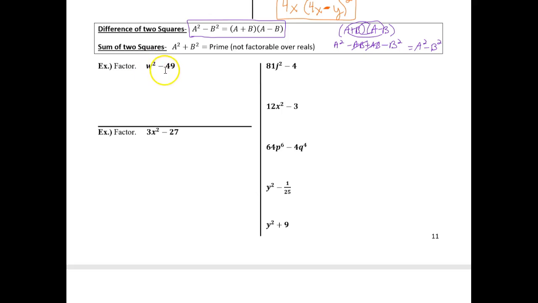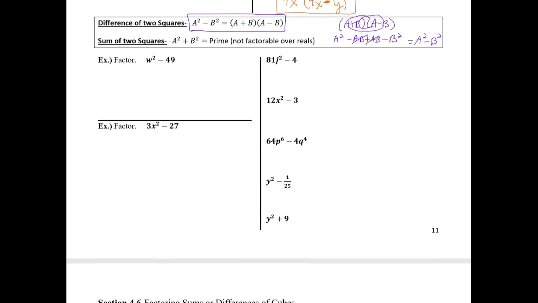W squared is a perfect square, and 49 is a perfect square. You have to get comfortable recognizing your squares, right? So 1 is a square, 4, 9, let's see, 3 times 3, 4 times 4, 5 times 5, 6 times 6, 7 times 7, 8 times 8, so on and so forth.